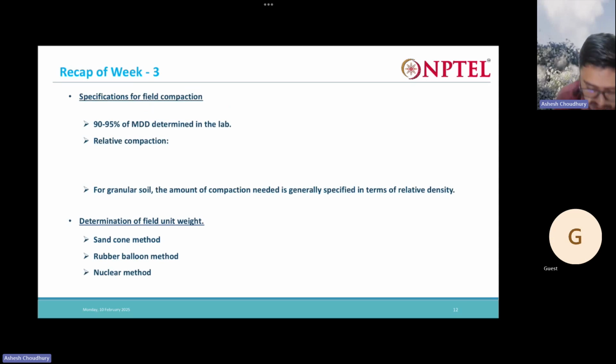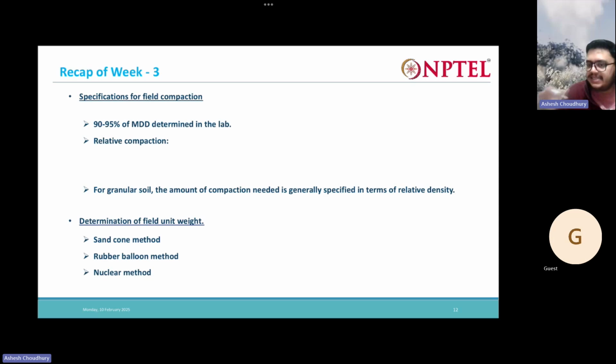Now, specifications for field compaction. Say 90 to 95% of the maximum dry density that you determined in the lab is generally specified as what is to be achieved in the actual field.